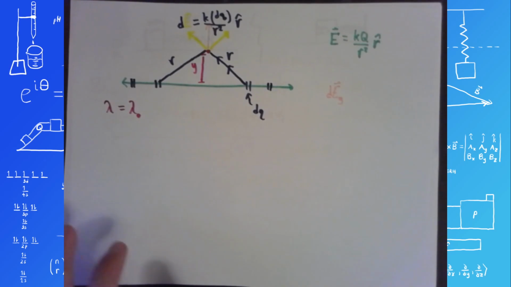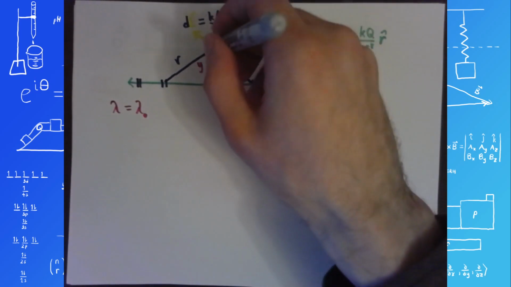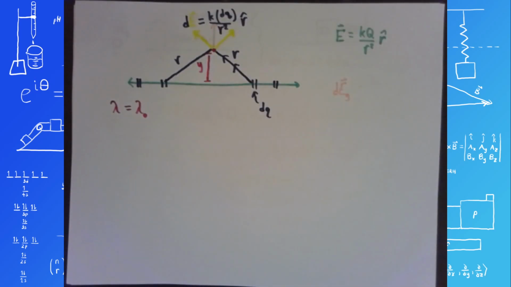This line is literally infinite. If it was not an infinite line, then unless this point was exactly at the middle, you'd still have to take the x components into consideration. But we've been spared from that, at least for now. So let's go ahead and see if we can come up with an expression for dEy.